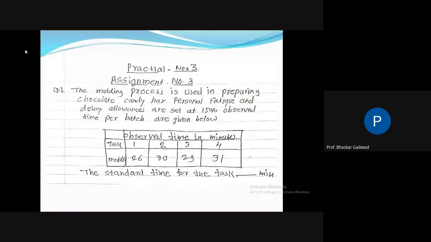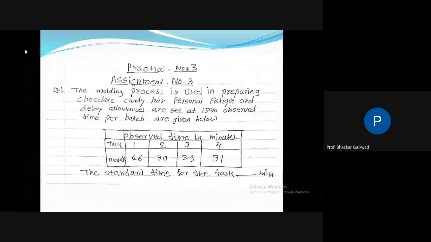So it is based on our practical number 3. Already two practicals are over. Now this is one of the practicals, practical number 3, assignment number 3.